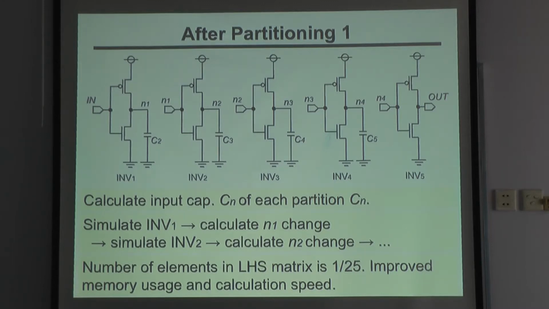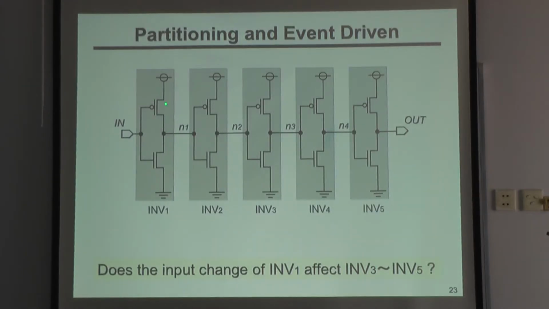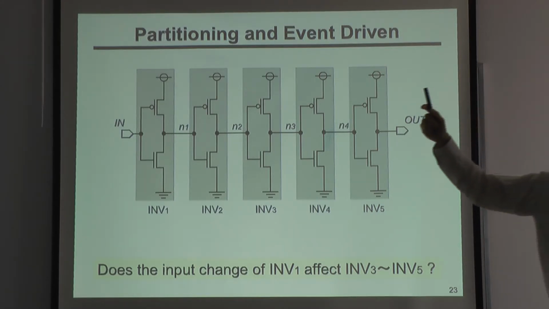So in this case, the number of elements in the modified nodal analysis matrix is 1 over 25. That means we have 10 transistors here, so in the modified nodal analysis, the matrix size becomes 10 by 10.